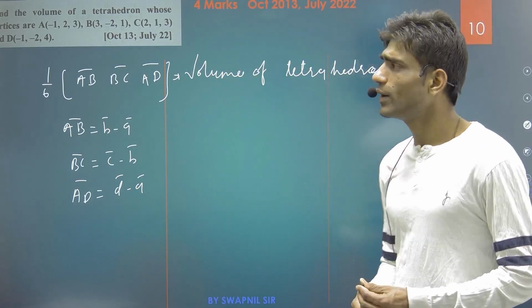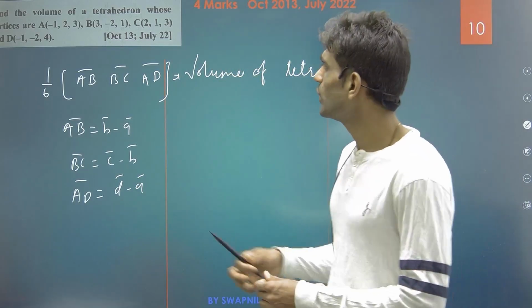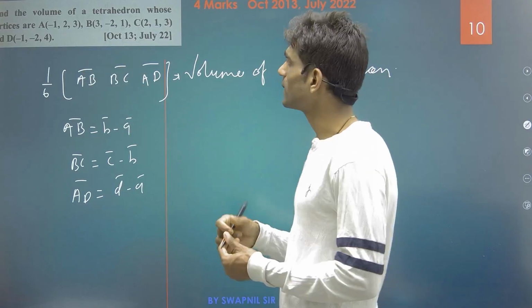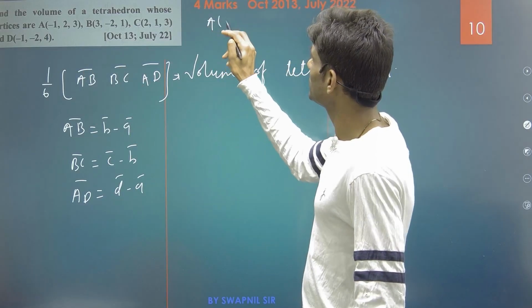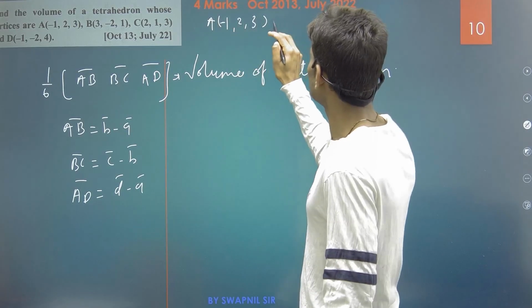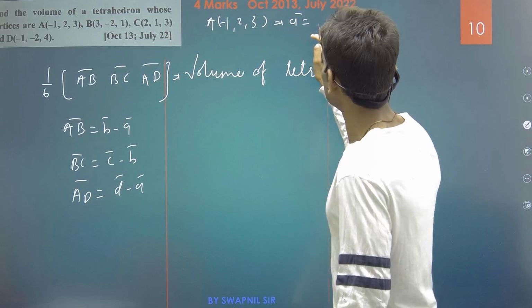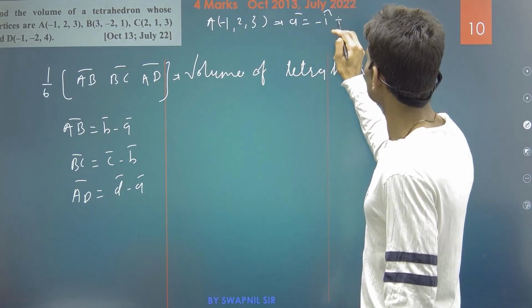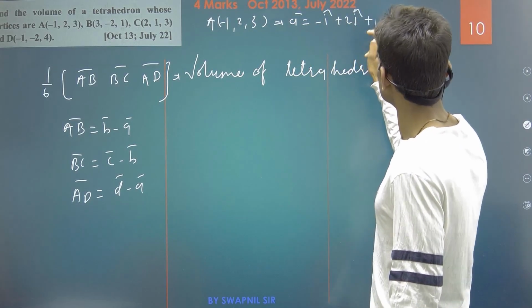Now with respect to every vertex, we have the position vector. With respect to vertex A (-1, 2, 3), the position vector A bar can be written as minus I cap plus 2 J cap plus 3 K cap.